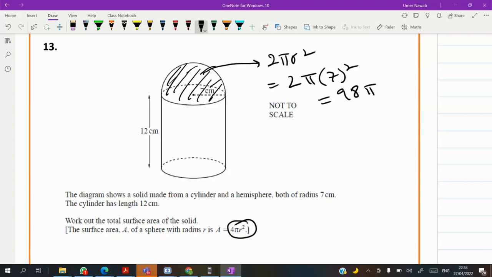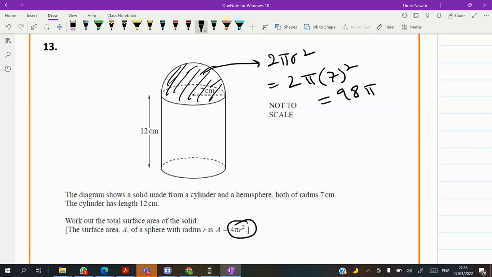That is the surface area of the hemisphere. Now look at that, the base is not included in the surface area since it is connected with the top of the cylinder. The bottom of the hemisphere and the top of the cylinder are connected with each other, so no need to find the area of the top of the cylinder or the bottom of the hemisphere.